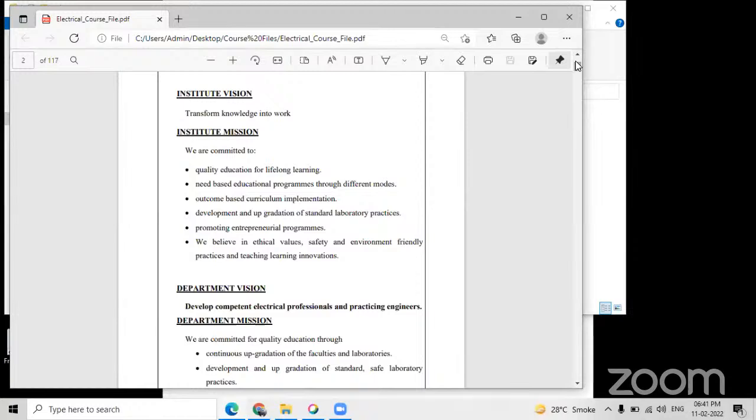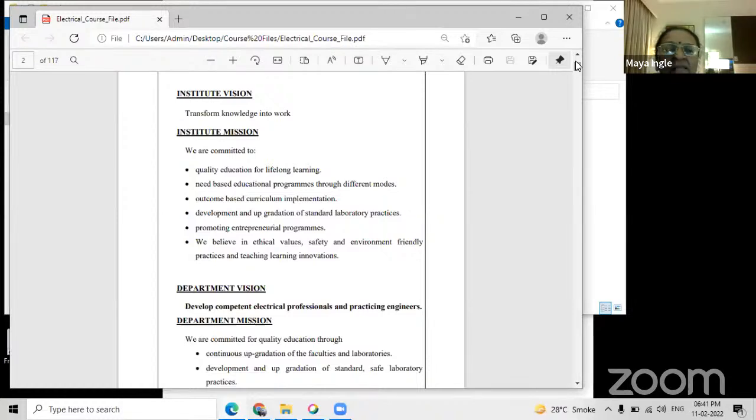So you can see here, institute vision. Now, can anybody tell me, is it a good kind of statement, whatever is written? Day before yesterday, we have discussed what is the vision. Can anybody tell me whether the institute vision, whatever it is written here, is it good?